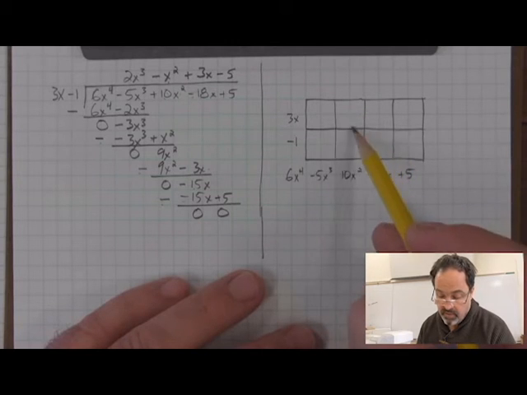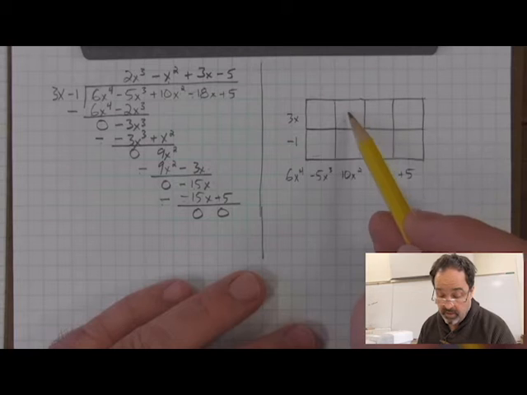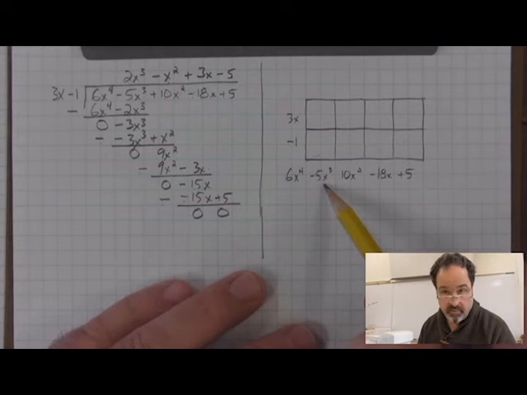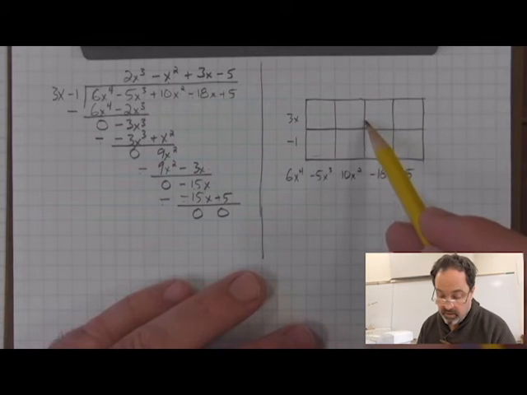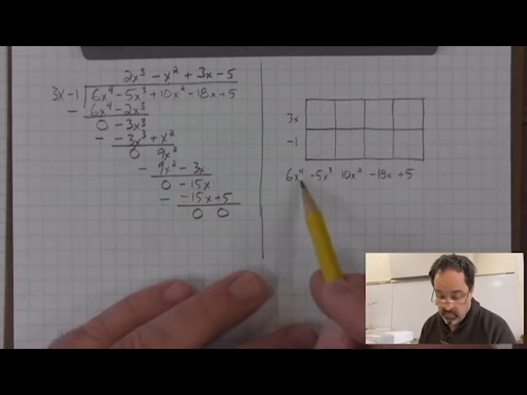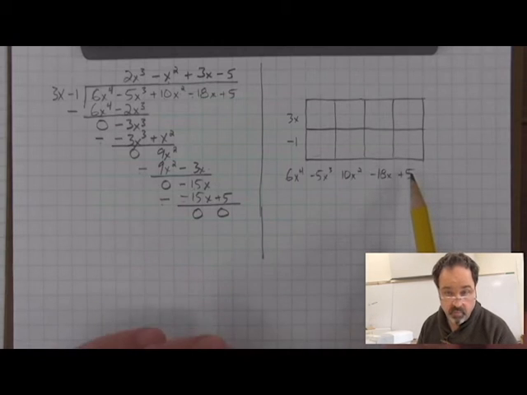Whatever is in these 2 boxes, if I've set it up correctly, will be like terms that when combined make this negative 5x cubed. We collect and add together the terms in the rectangle to produce what we list here. So we're going to reverse this process 1 step at a time.